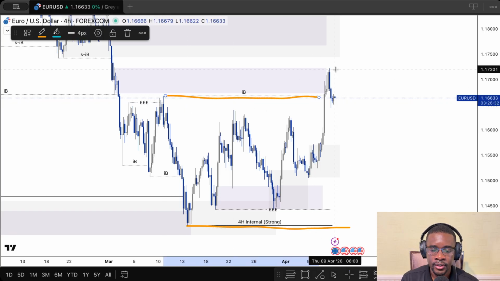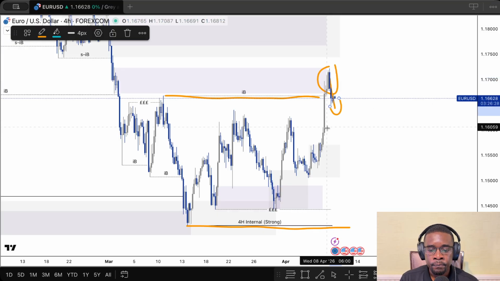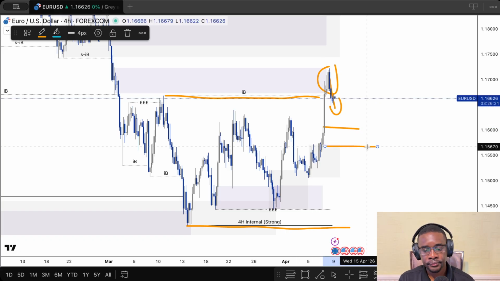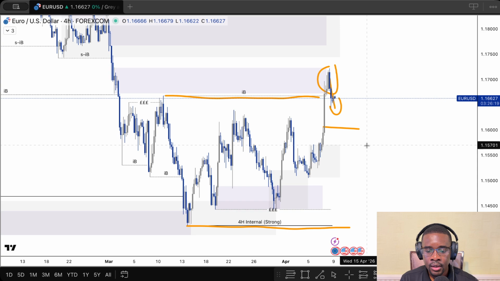We've had a break of structure. After a break of structure, we expect some kind of pullback, so we could pull back maybe into this area. Who knows? We could pull back into those areas.